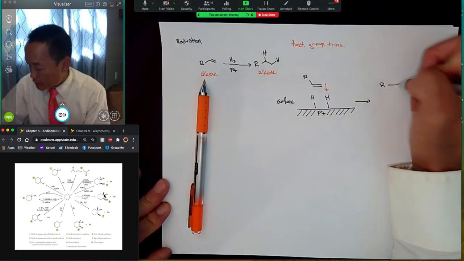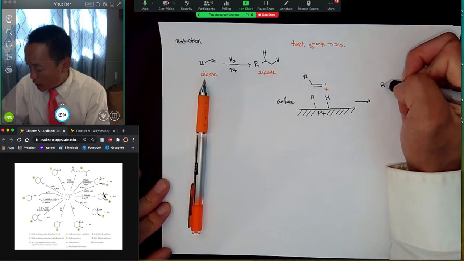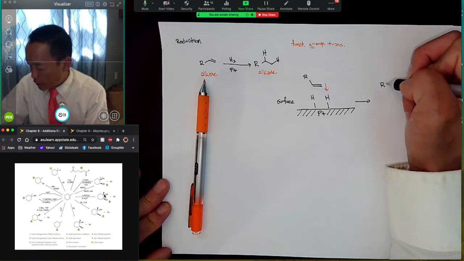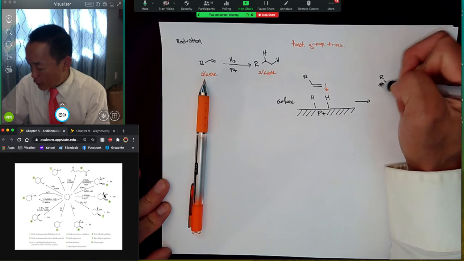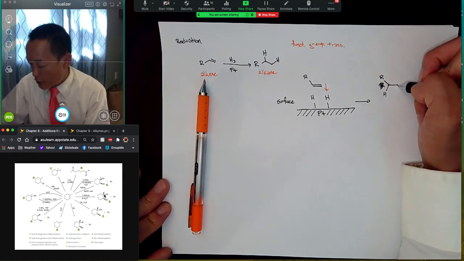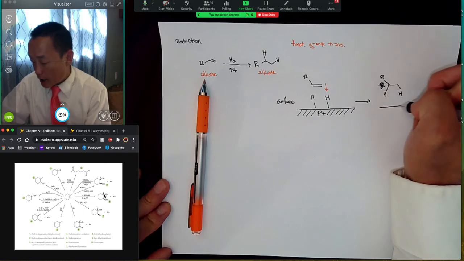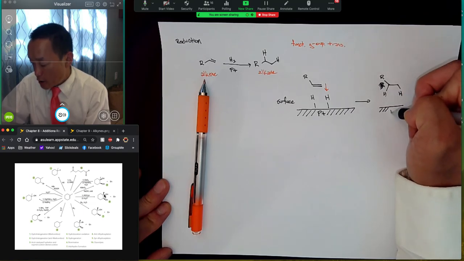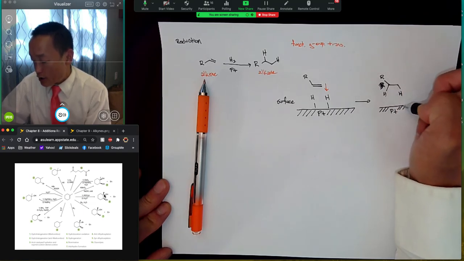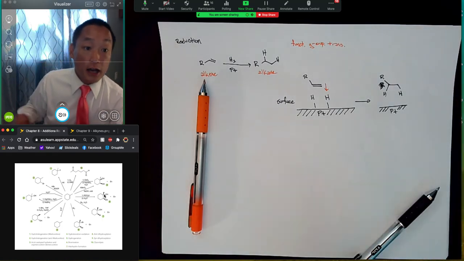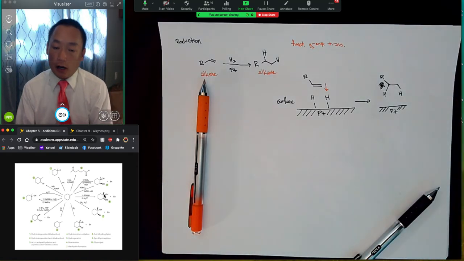And you are left, oh, that got out of control. There's no way to abort that. It is what it is. Hydrogen has been added. Your platinum surface now is devoid of that hydrogen. It will replenish as you continue to add more hydrogen to the reaction mixture.